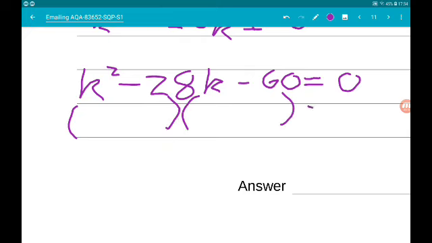So, given that we have minus 28, we're going to want (k minus 30) times (k plus 2).